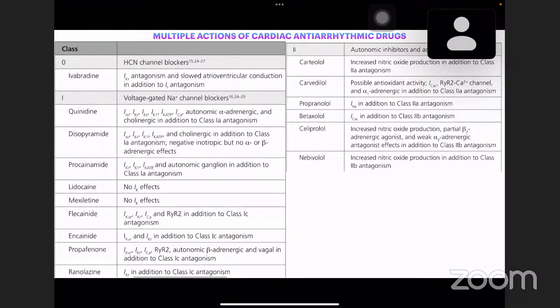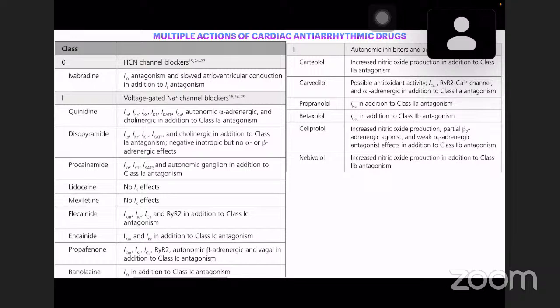So, multiple actions of antiarrhythmic drugs. There are multiple actions for most of the drugs in this classification. As I said earlier, this is an extension of the Miles, Swan, Williams, and Singh classification, so it is not a new classification. They extended the Miles, Swan, Williams classification.